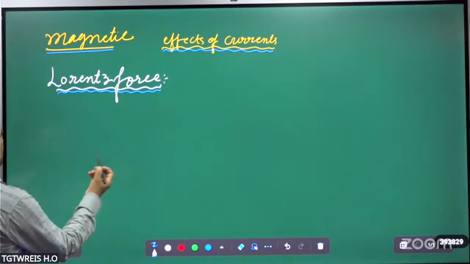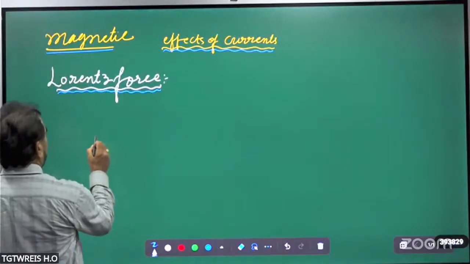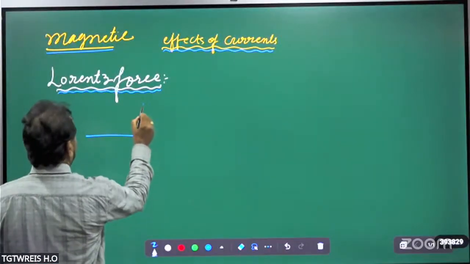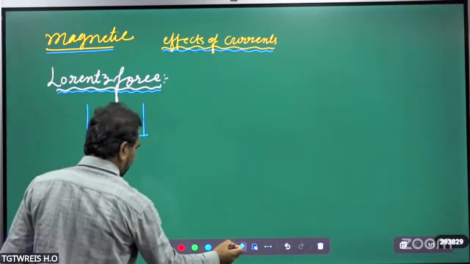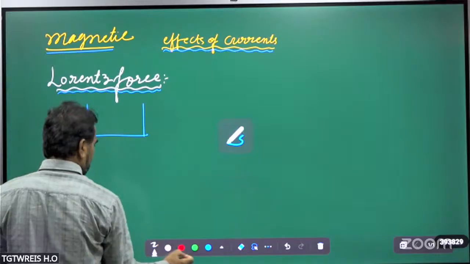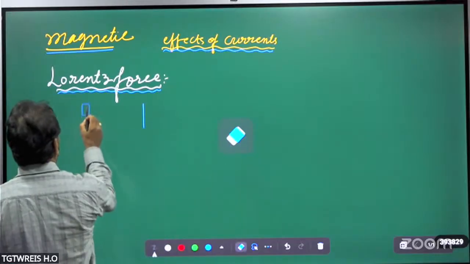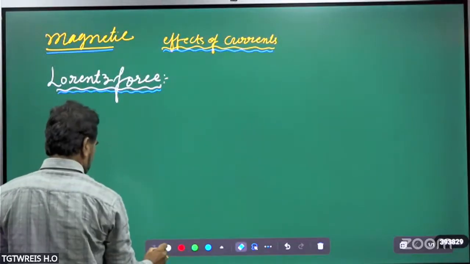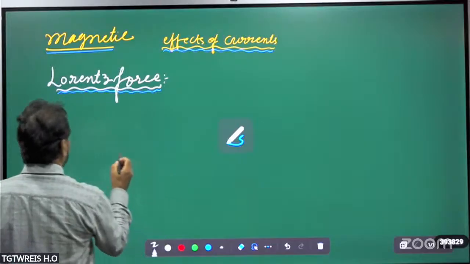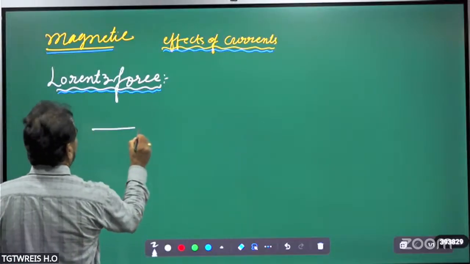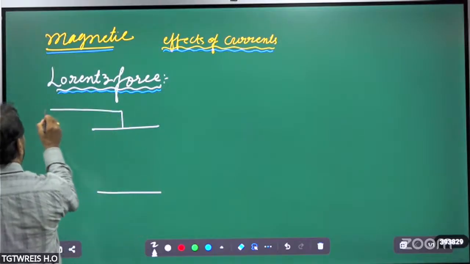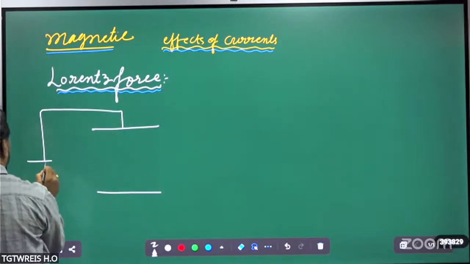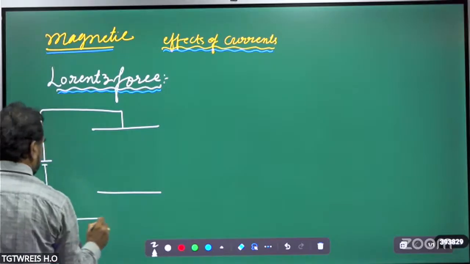Suppose consider an electric field. This is an electric field. I am creating the electric field by applying an external source.